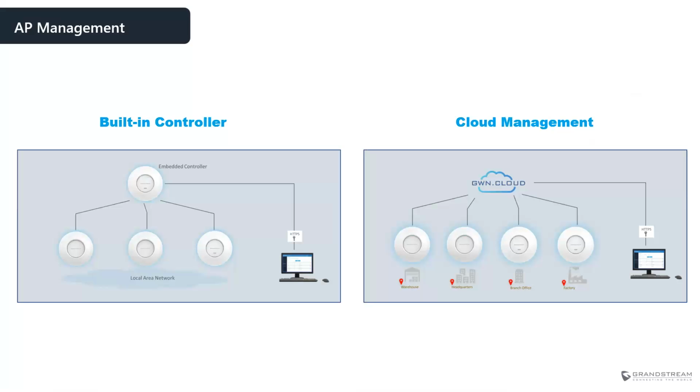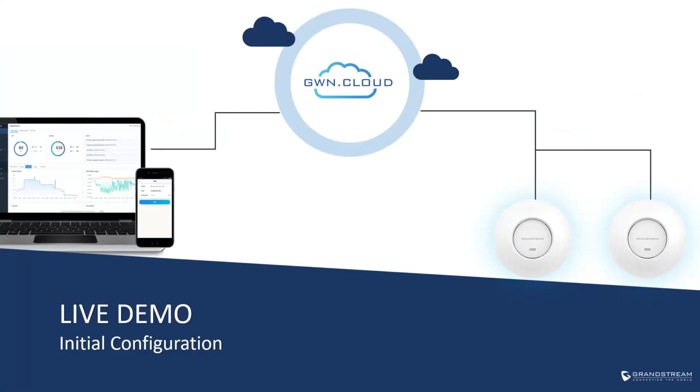The advantage of using cloud management is that you can manage multiple locations, networks, and sites, and there is no limit to how many access points you can manage from the GWN Cloud. For today's demonstration, I will use the GWN Cloud and show you how to add the GWN access points, how to configure the parameters related to the access point, as well as the parameters related to the SSID.